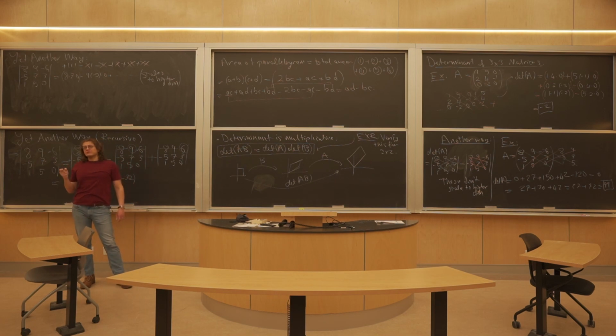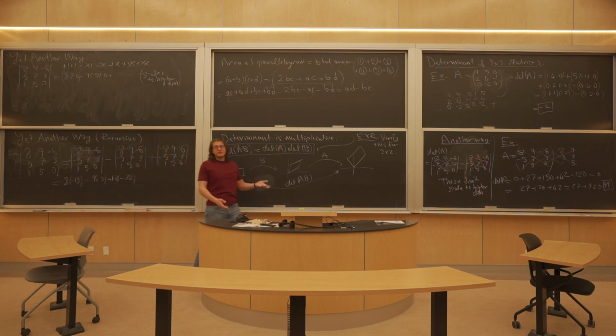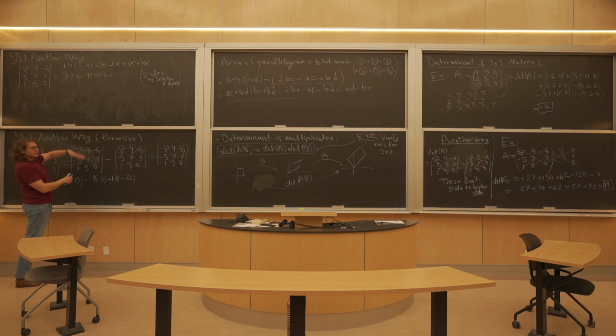But for each tower, you have to do this. So in the case of 3 by 3, we only had one tower of length 2. Let's look at an example for 4 by 4 and display these two cases and how we could do it.